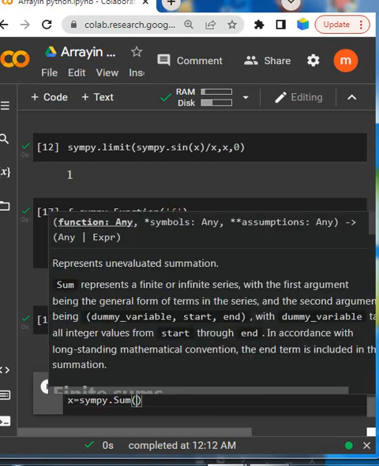Now parenthesis 1 divided by n squared, this one, now again parenthesis (n, 1, infinity), here you can see also.